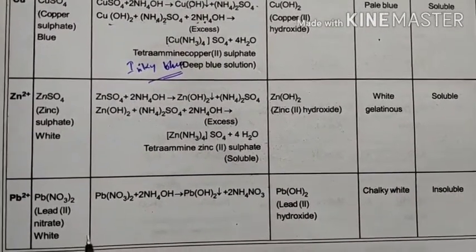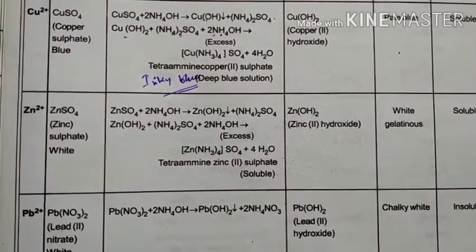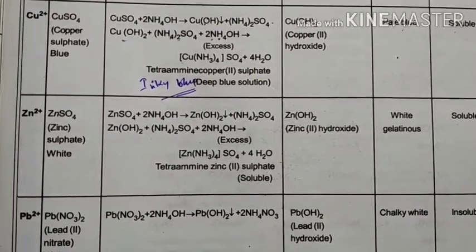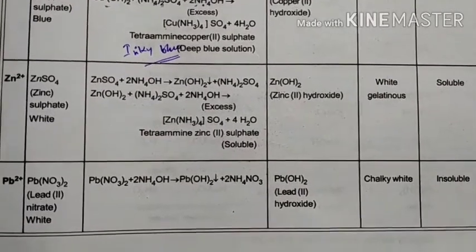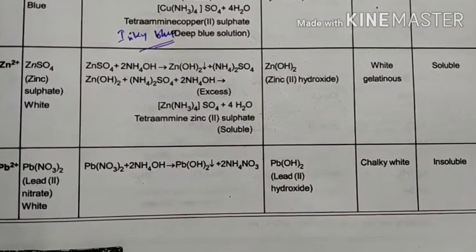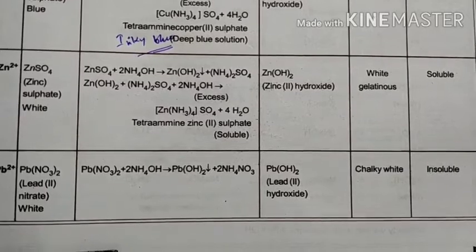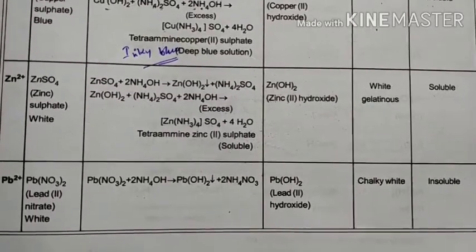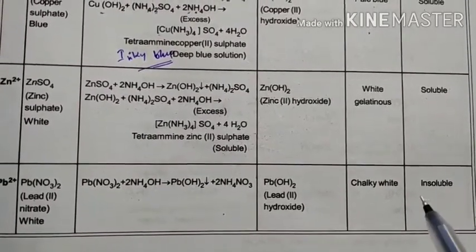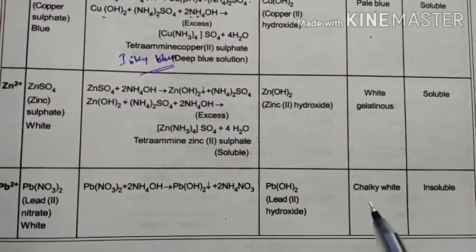Next, for lead nitrate, if we add ammonium hydroxide, it forms lead hydroxide, which is insoluble and chalky white, and you can see that excess ammonium hydroxide doesn't make it soluble.